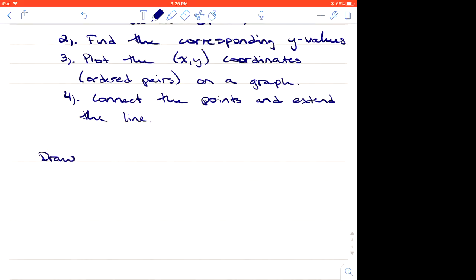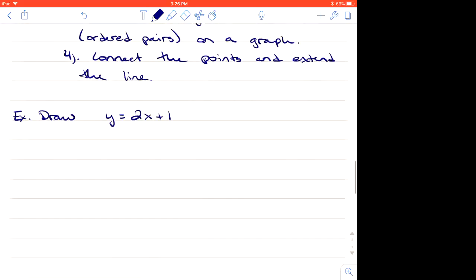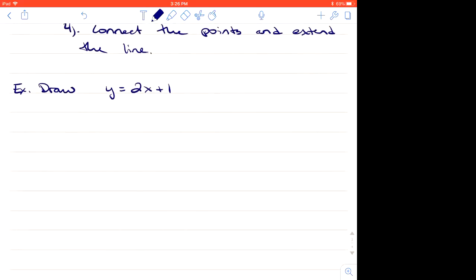So let's actually draw y equals 2x plus 1. I guess this is an example. So like I said, I'm going to start by making a table of at least 2 x values, and then I'm going to remind myself that y is 2x plus 1.